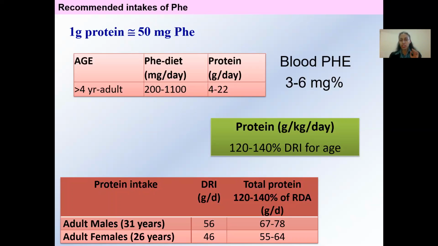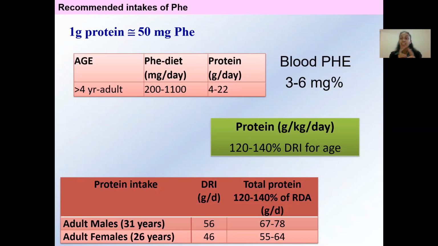All of this is done to maintain your blood Phe level at 3 to 6 milligram percent. Whether a PKU patient is allowed to have 20 to 22 grams of protein or is restricted to only 4 to 6 grams, it all depends upon the type of PKU the person is suffering from, severe, moderate or mild, and the control the person is maintaining, which is the blood Phe level.